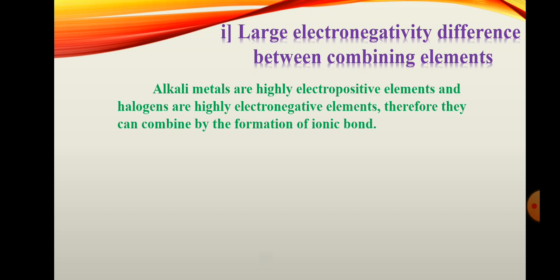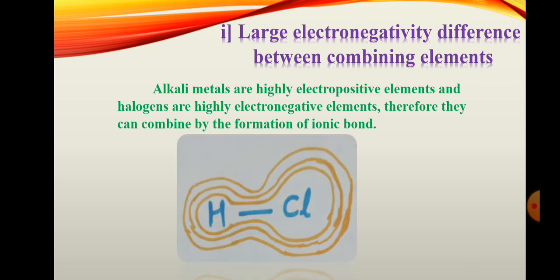We take a simple example, hydrochloric acid. You see that there is a bond formed between H and Cl, but it is treated as an ionic bond, meaning H plus combined with Cl minus.